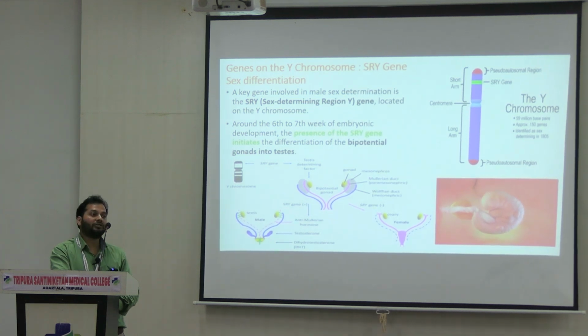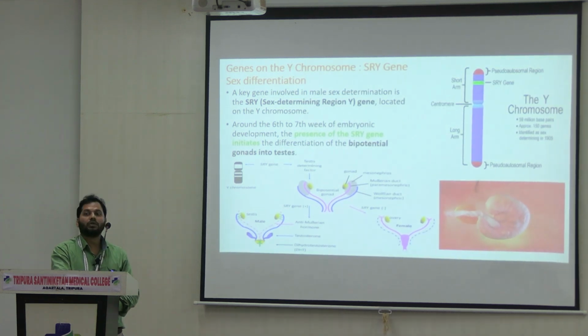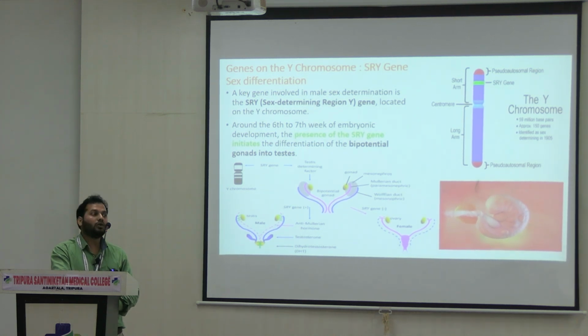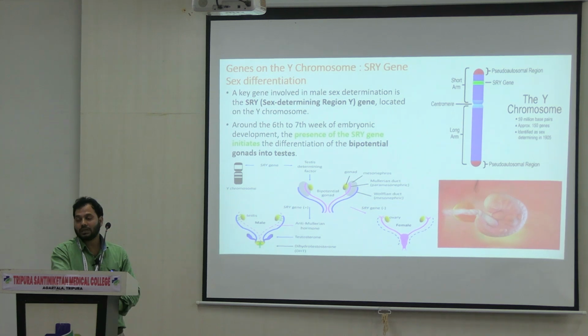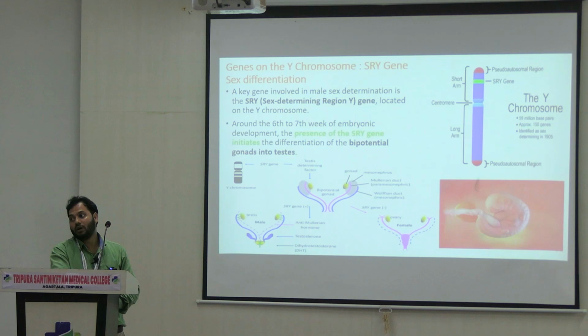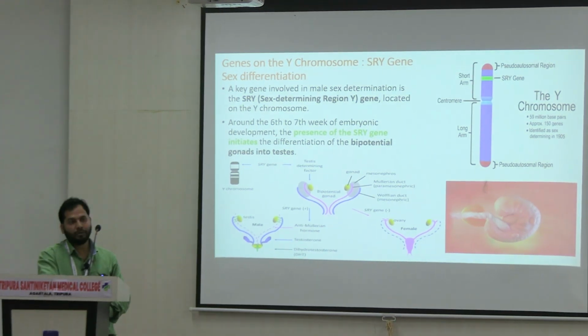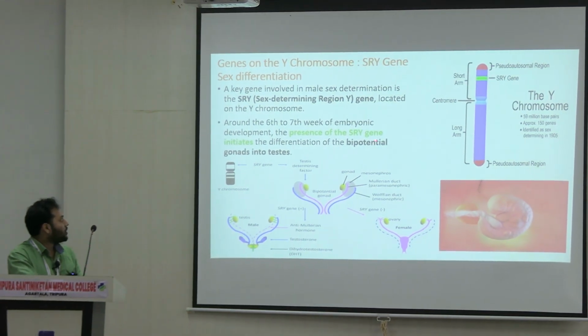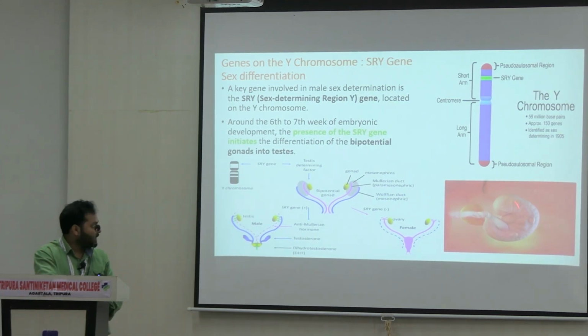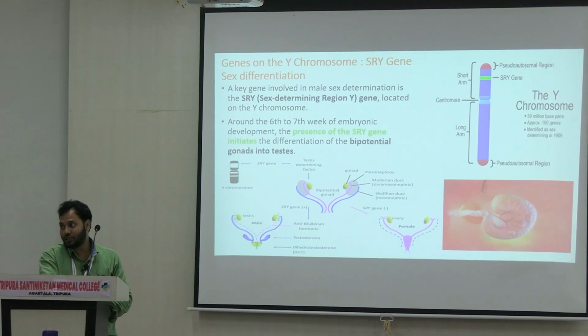But by the process of differentiation, we can see how the bipotential gonad is either converted into or developed into male sex or female sex. So now the question is, what is bipotential gonad? Yes, in this particular embryo, the gonad is bipotential.